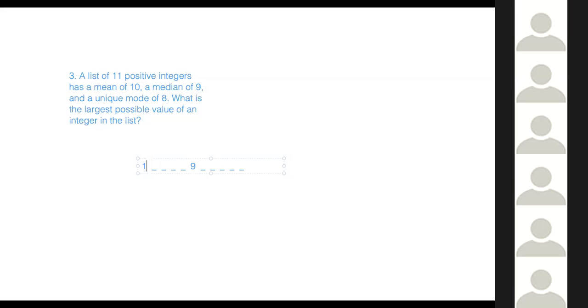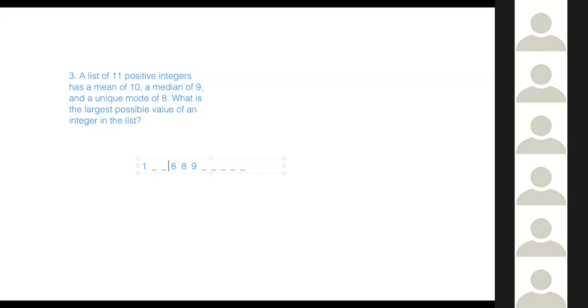And so what I did was I put 1, and I put an 8 next to the 9 because it has a unique mode of 8. So I put 2 8s.